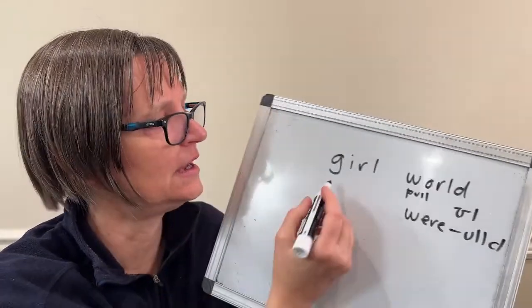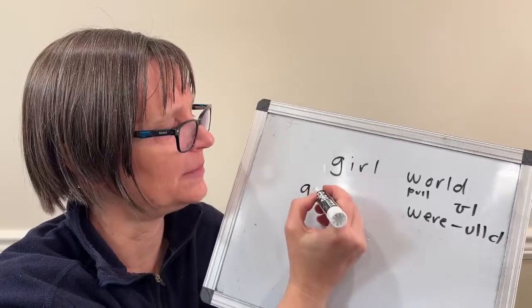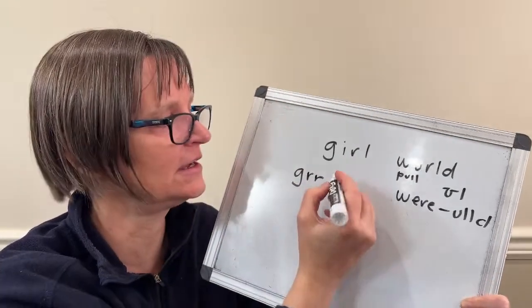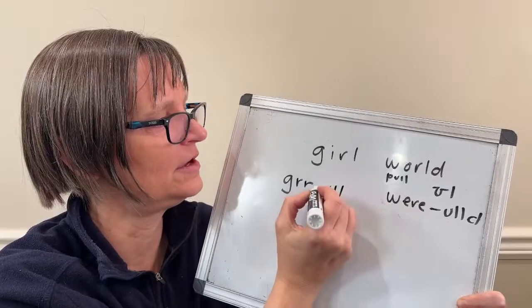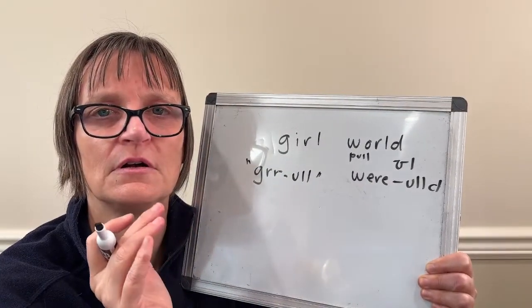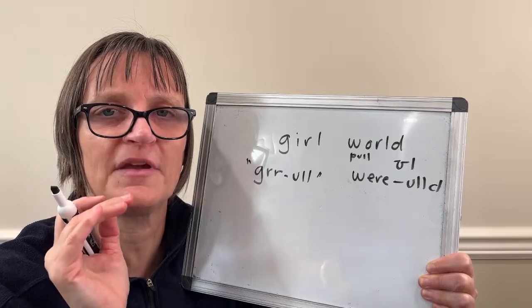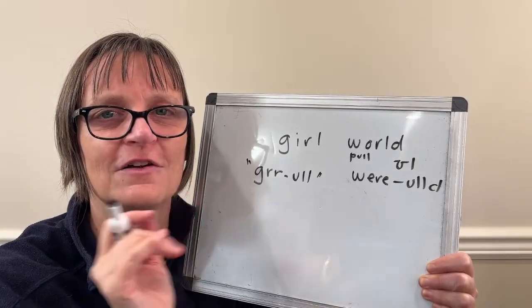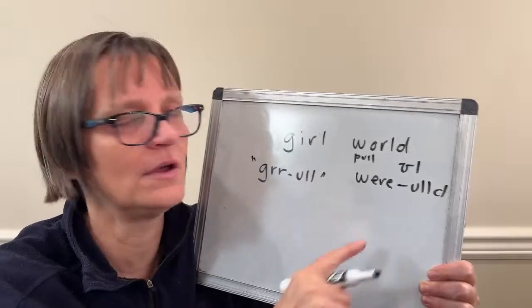world. Same thing with girl. I like to think of this one as grr with my tight tongue. And then my uh sound before my L. Girl, girl. So I feel the back of my tongue dropping for the uh sound. The front of the tongue then lifts to finish for the L. Girl, girl.